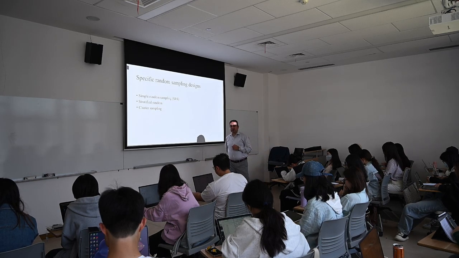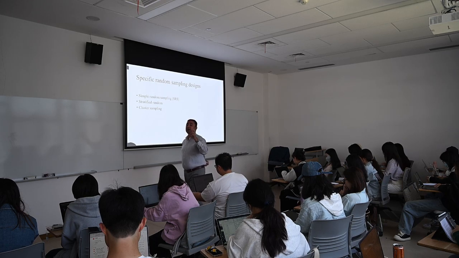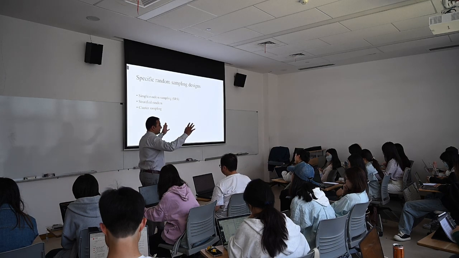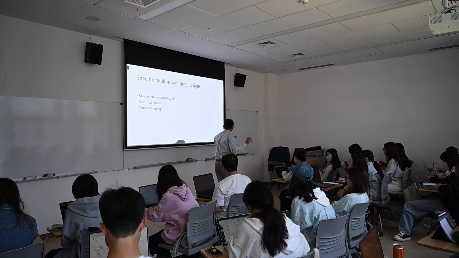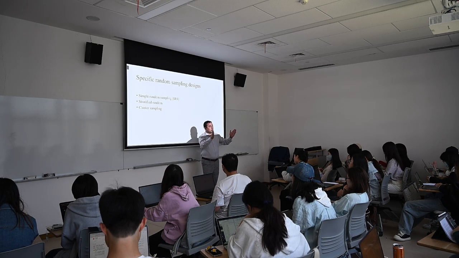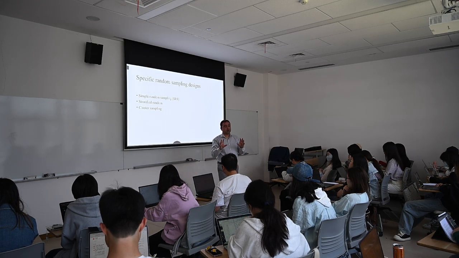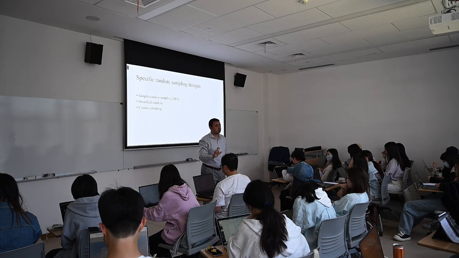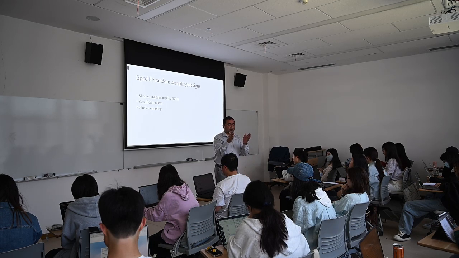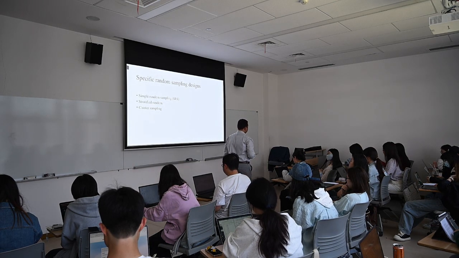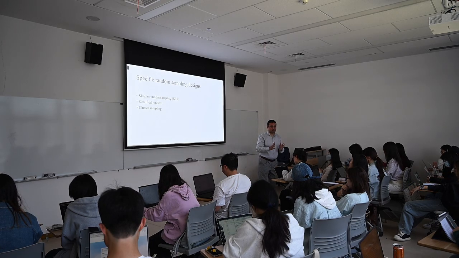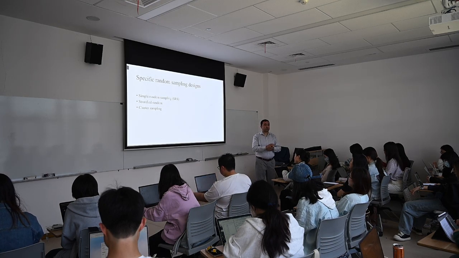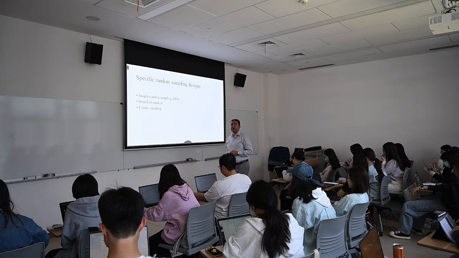Stratified random sampling. You can make strata, different groups, or clusters. First we discuss stratified. It can be proportionate or disproportionate. Proportionate means, for example, you stratify people based on some characteristics, such as age groups, 20 to 25.